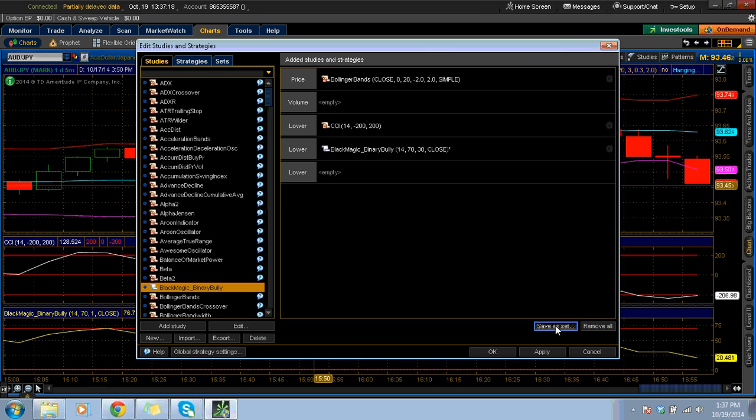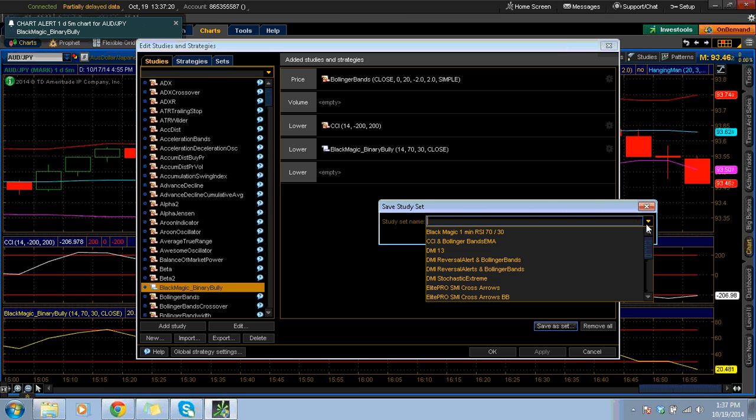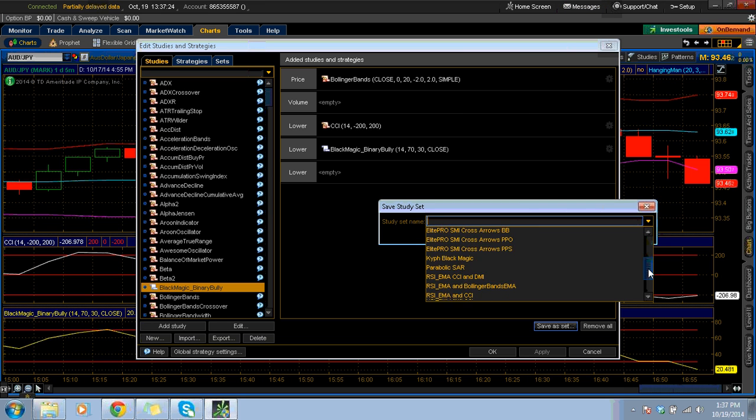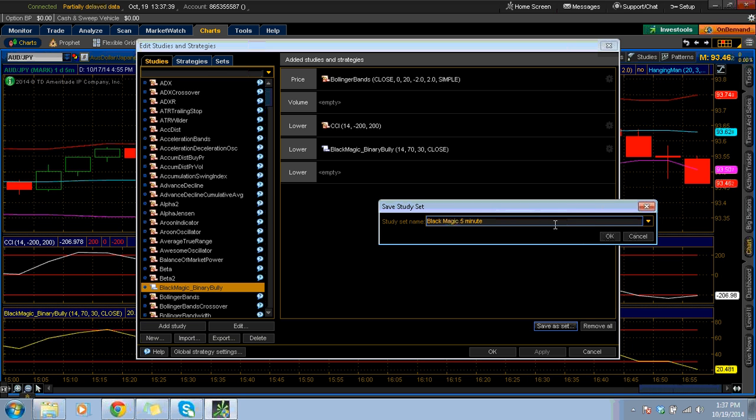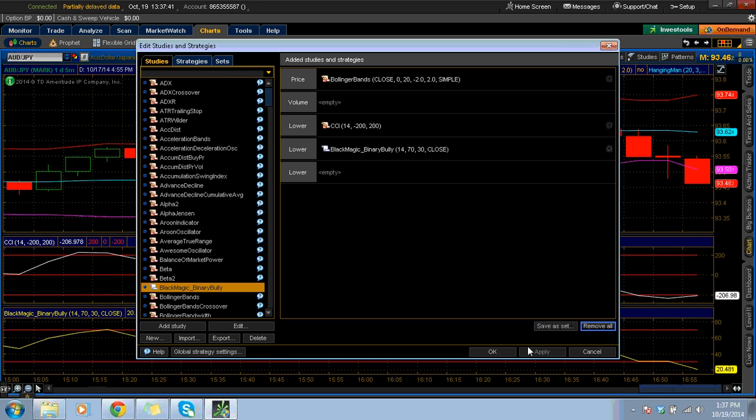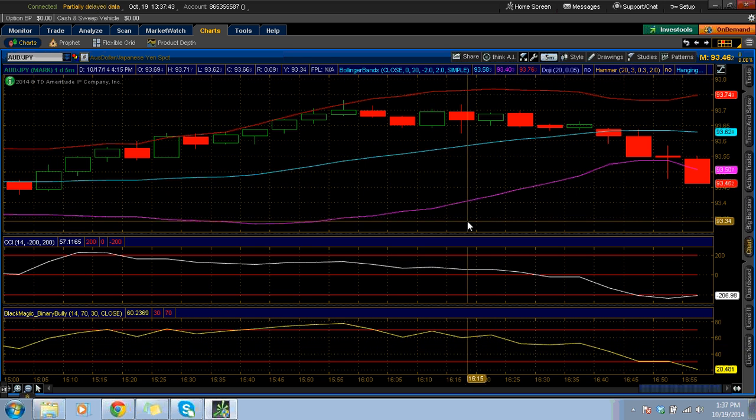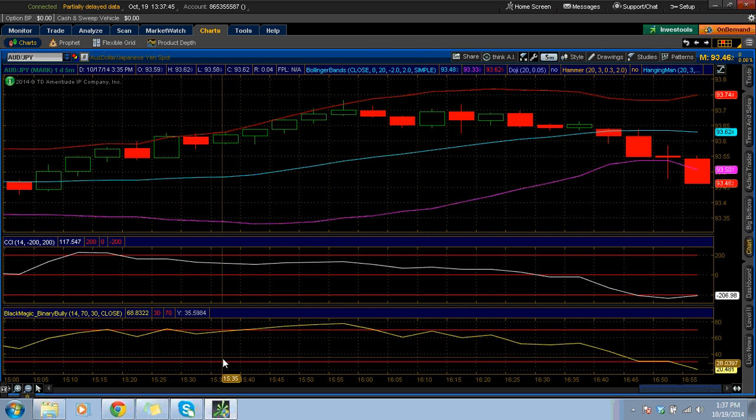Then you can save that set as the Blackmagic 5 minutes. I don't actually have it saved in here. Choose OK, and then OK. And it's going to add this 30 line here.